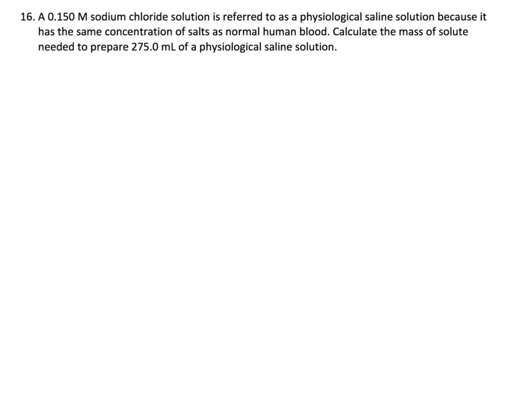Question 16. A 0.150 molar sodium chloride solution is referred to as a physiological saline solution because it has the same concentration of salts as human blood. Calculate the mass of solute needed to prepare 275 mLs of a physiological saline solution. So we know what the concentration is that we want to make.